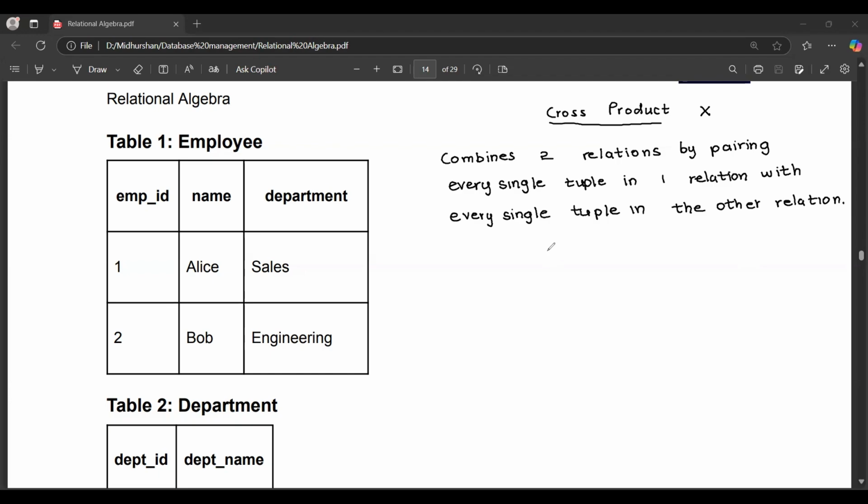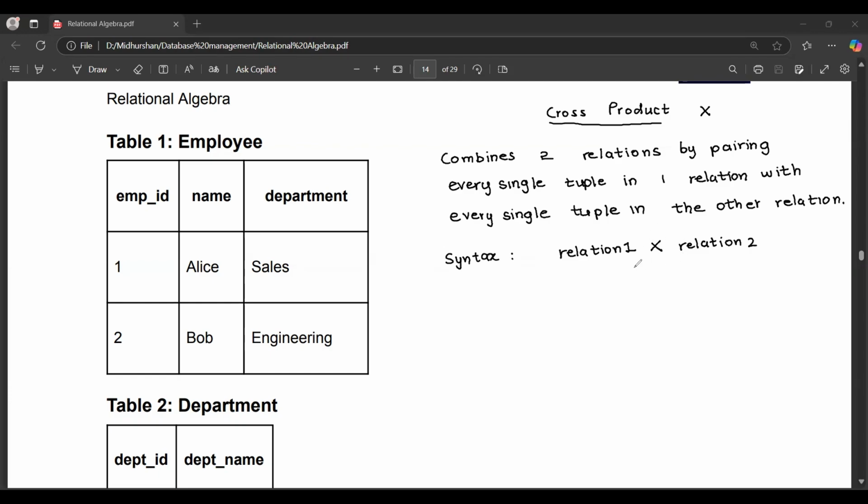Okay, so this is cross product. Let's understand the syntax. The syntax is very simple, very straightforward. You have relation 1 and relation 2, and if you have to do cross product, you just use the cross product operator to mention that.